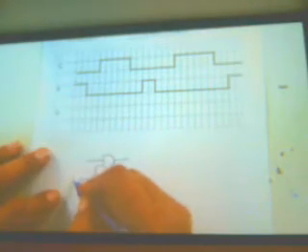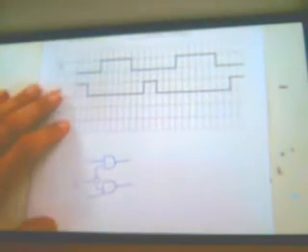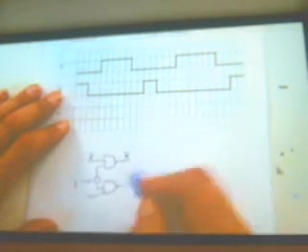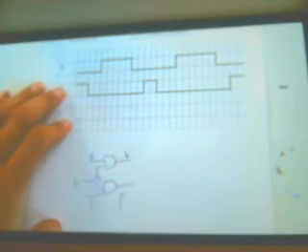If this input is 1, now we kind of go back to your identities, right? Anytime you AND with 1, what do you get? You get whatever value it is, whether it's X or 1, right? So based on your identities, we can say that when this is set to 1, whatever you set this to, this output will be the same thing. Same thing over here. Let's do a truth table.